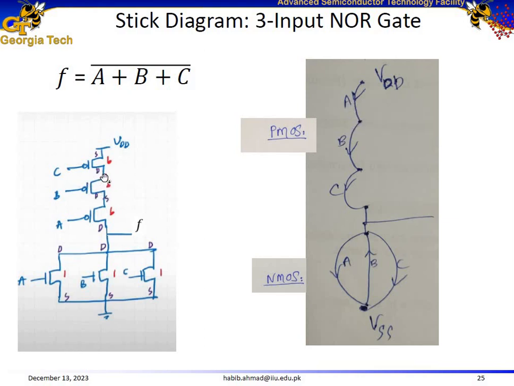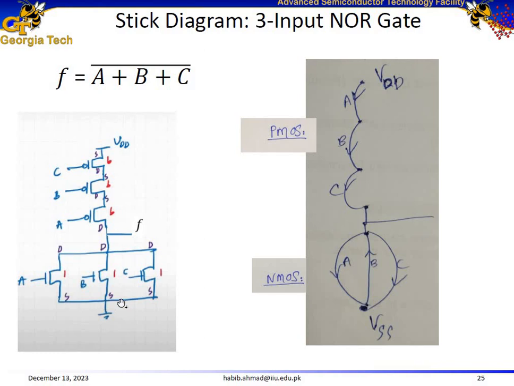Similarly, we have this transistor, so form another edge for transistor B. Similarly, we have this transistor, so form another edge. So the vertices on the Euler path correspond to the nodes in the circuit diagram, and the edges correspond to different transistors, to different inputs in the circuit diagram.